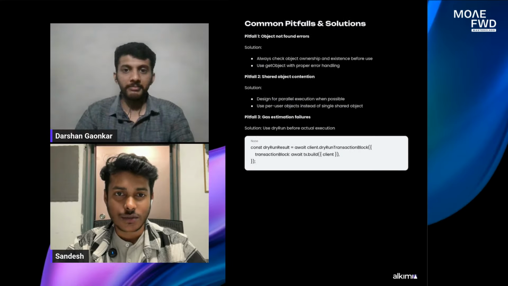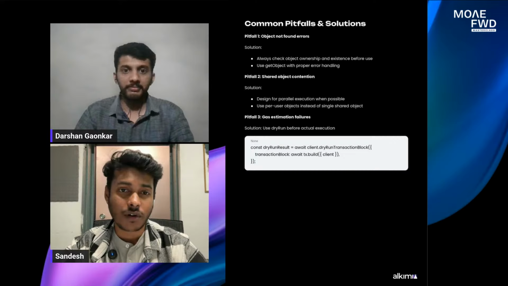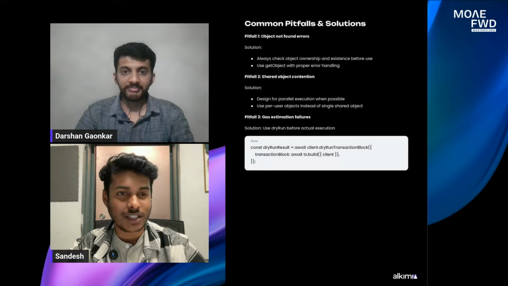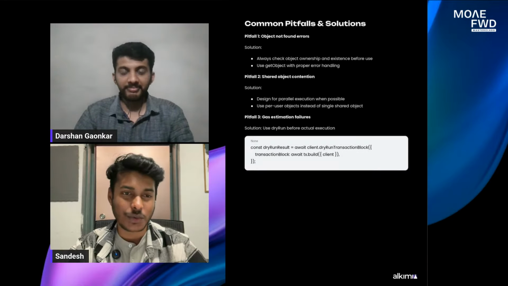Next we have some of the most common pitfalls and their solutions. The first one is object not found. This is the number one error in production. Your backend tries to use an object that doesn't exist or isn't owned by who you think owns it, right?